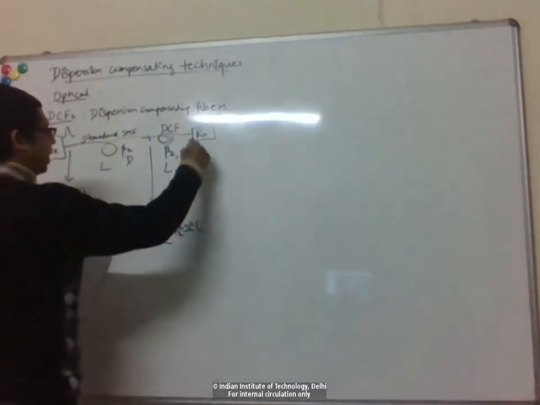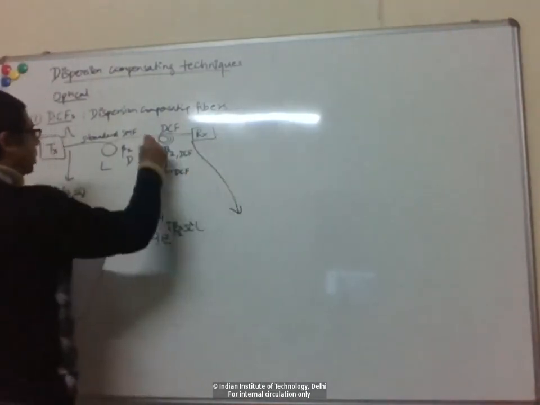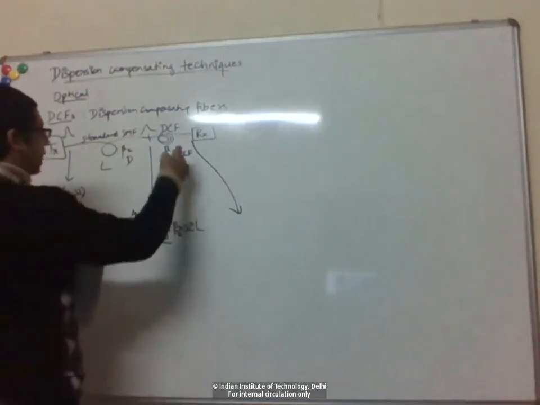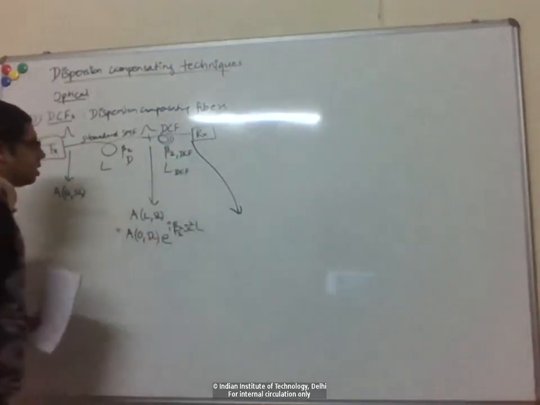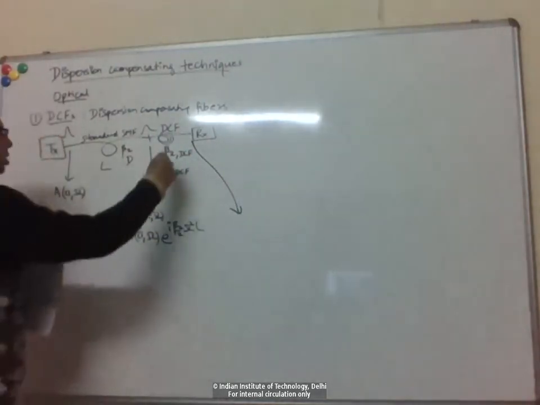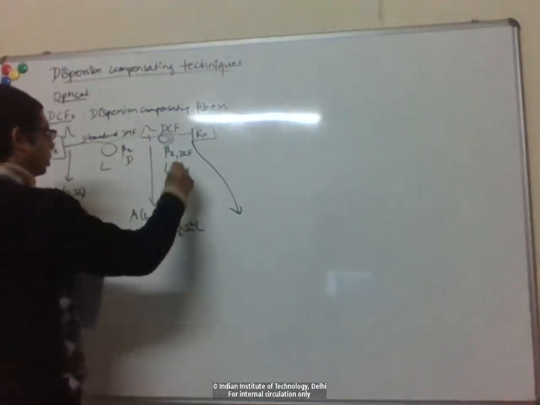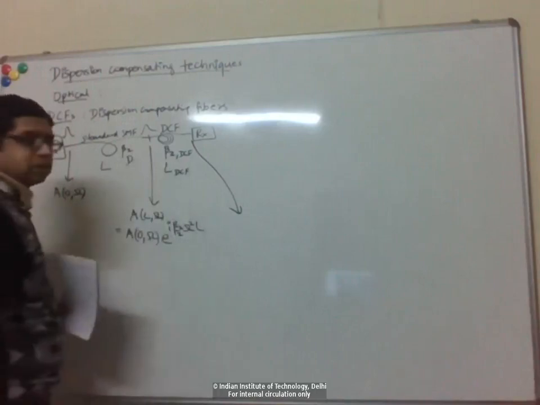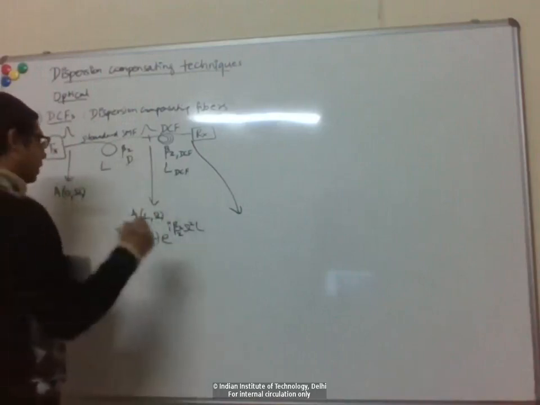Similarly, once the pulse is propagating through this DCF, the DCF would add its own phase shift depending on the length and the GVD value of the DCF, right?